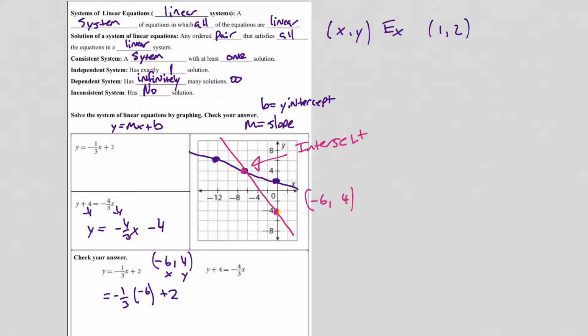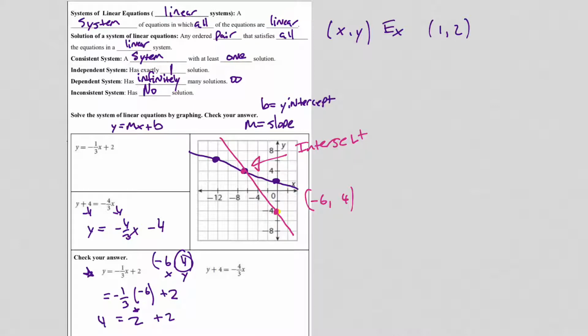Negative 6 divided by negative 3, right? This becomes positive 2. If you were to multiply these together, you get 2 plus 2. And 2 plus 2 equals 4. So when x is negative 6, y is 4, at least for this equation here.